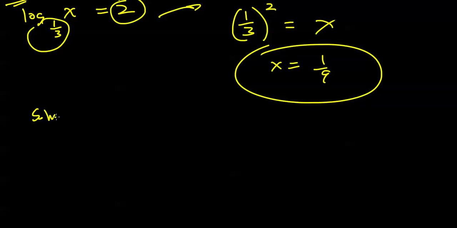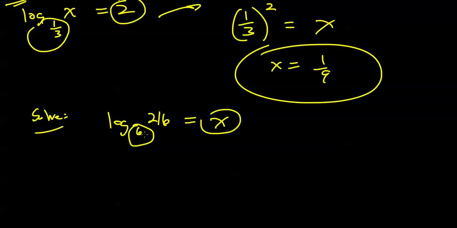And another. Solve the log of 216 base 6 equals x. Again, here the x, the unknown, is on the right side of the equation, so I claim 6 to the x power equals 216 in exponential form.